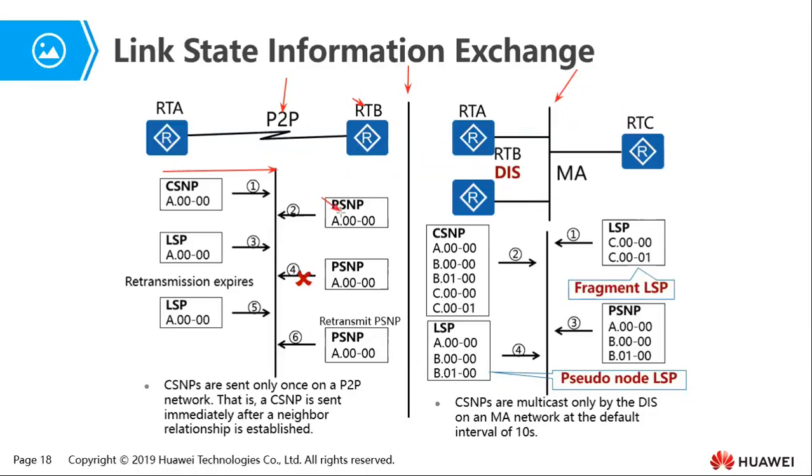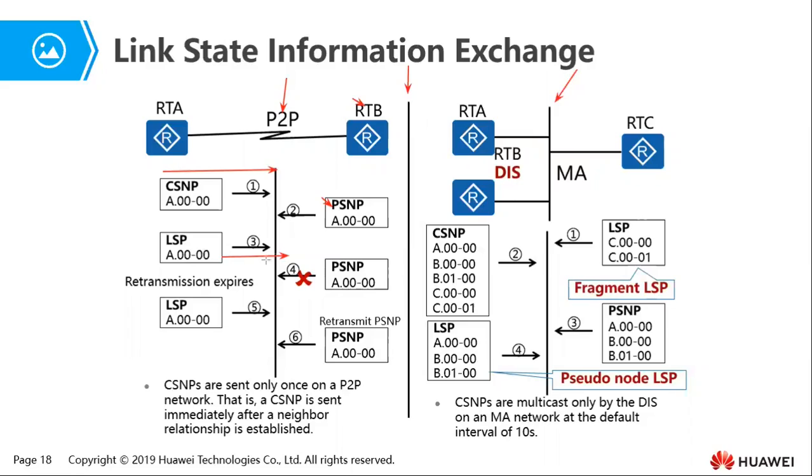Then it's going to send a partial sequence number PDU, to request directions to networks that it is not aware of. Now, after sending that, RTA is going to reply with an LSP, link state PDU, giving the information of the requested network.